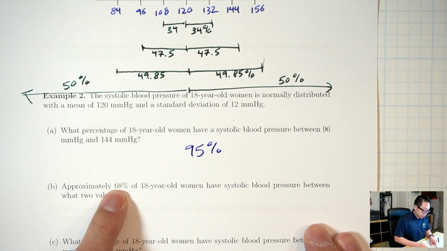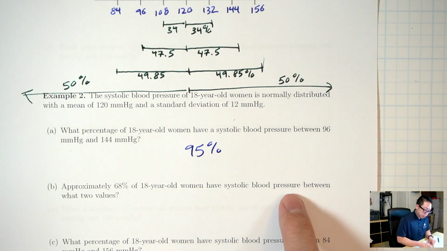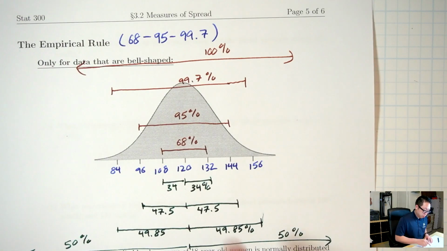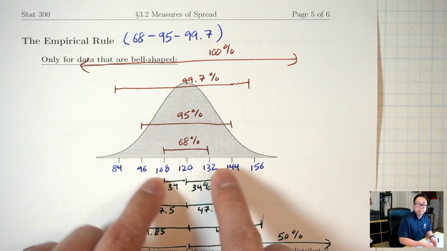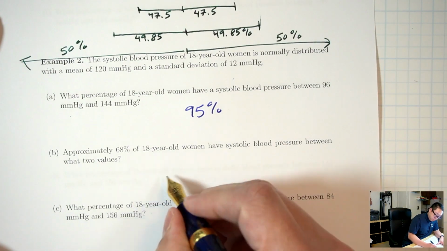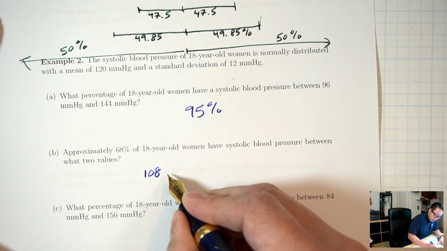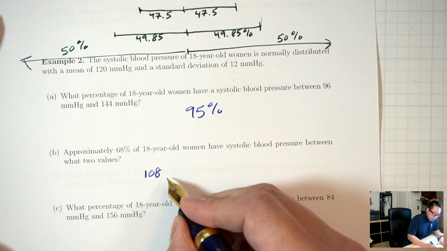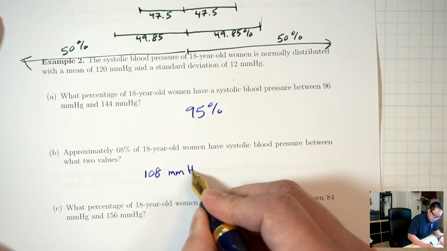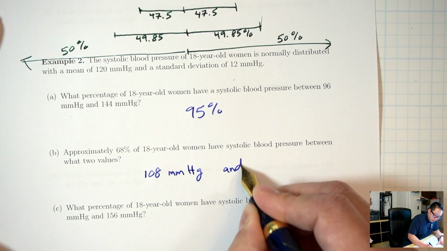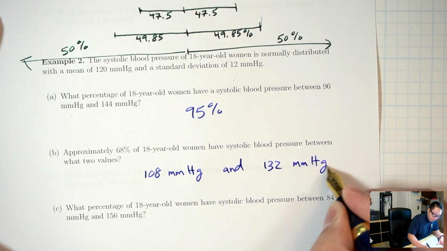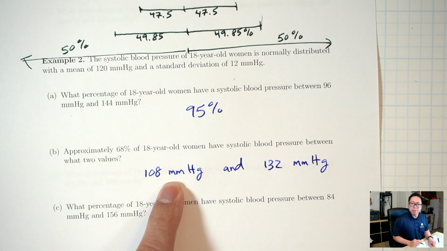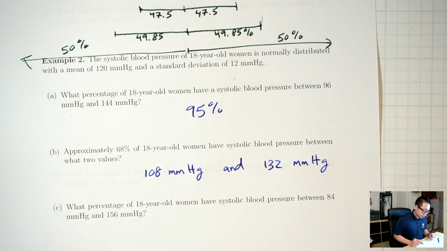Part B: approximately 68% of 18-year-old women have blood pressure between what two values? Well, 68% is between 108 and 132. And these are blood pressure, so blood pressure is measured in, I think that means millimeters mercury, I think.